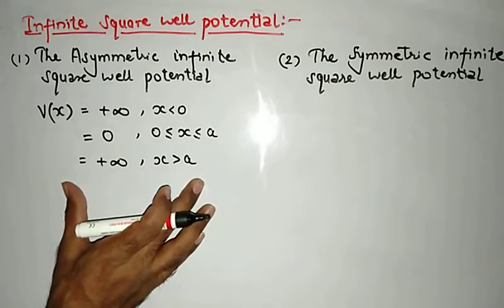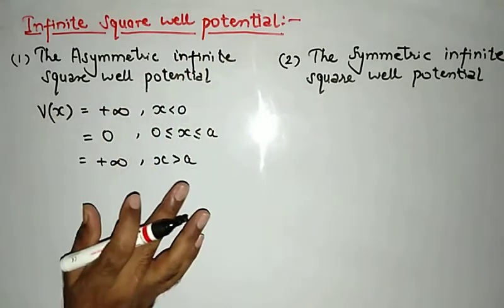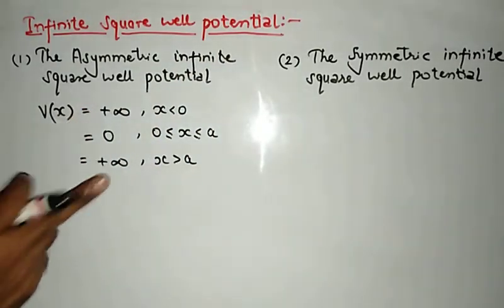So, this is the potential form in the asymmetric infinite square well potential.